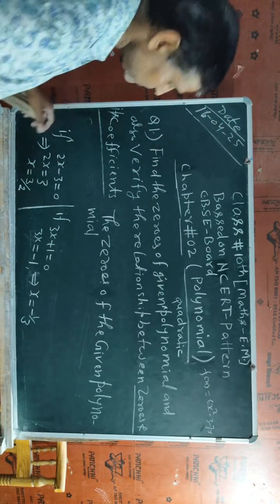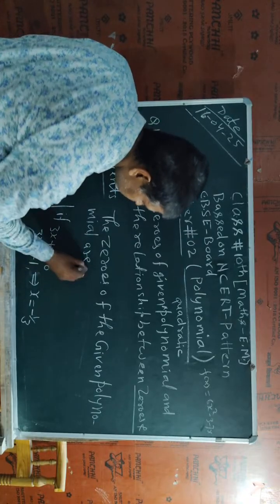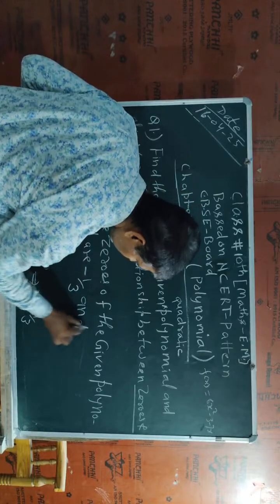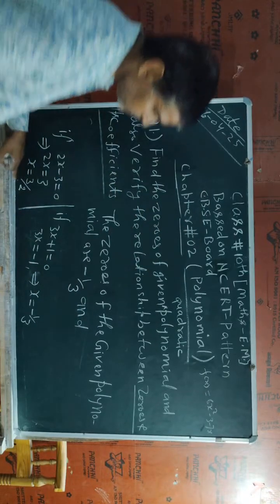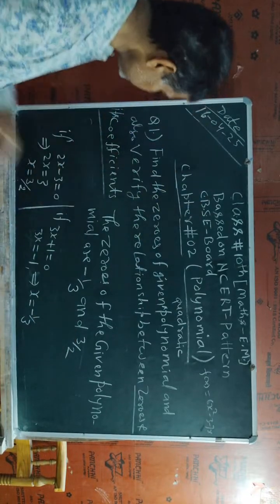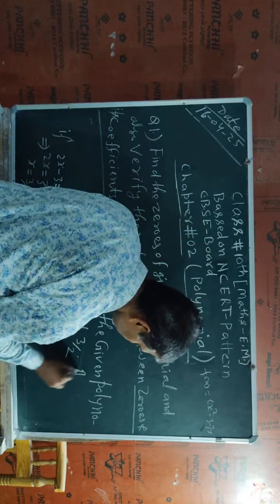The zeros of the given polynomial are minus 1 by 3 and 3 by 2. Okay, students, so I have got this solution. This is one solution.